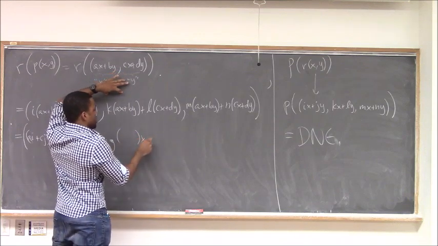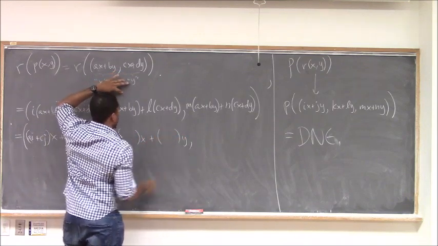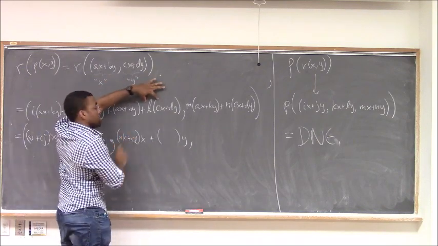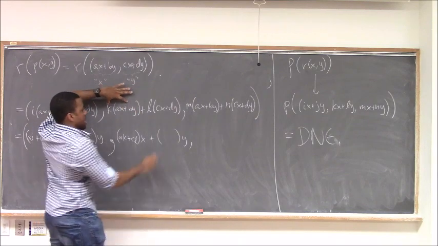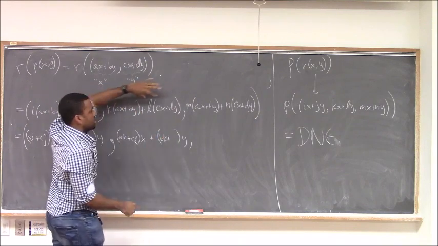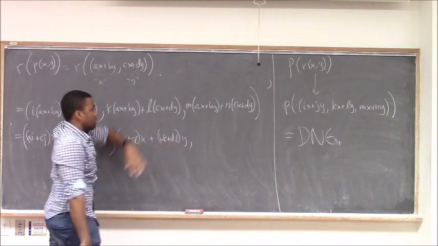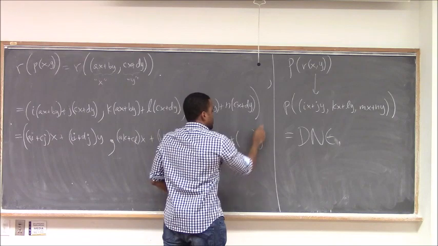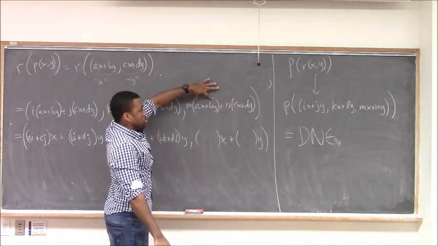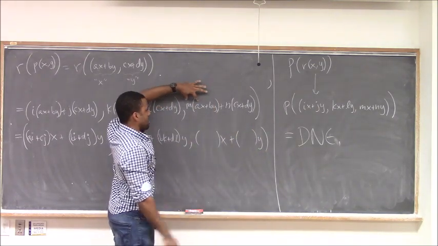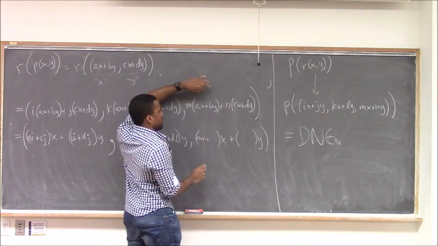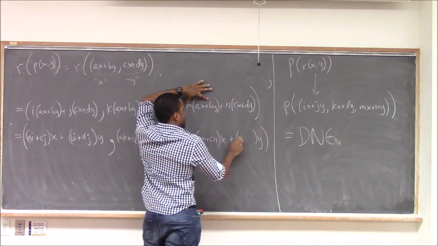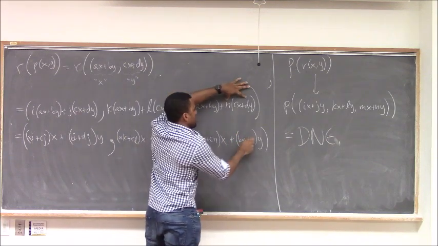How many x's and how many y's do I have? I have ak plus cl. The y's, I have bk plus dl. Move on to the third component. Let's group the x's and y's. And here I would have am plus cn and bm plus dn.